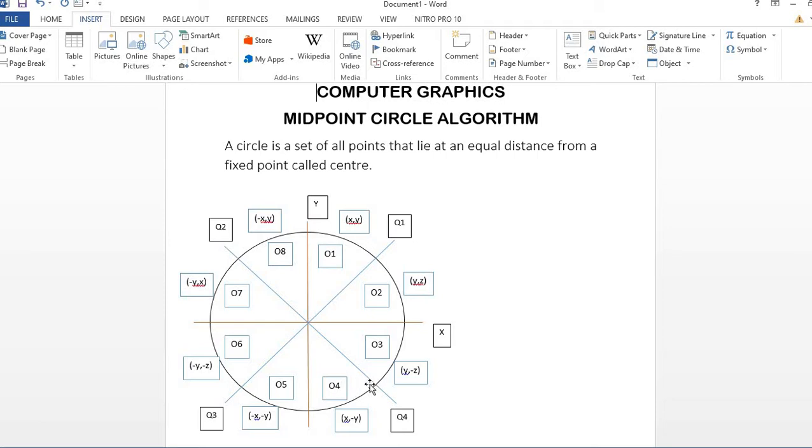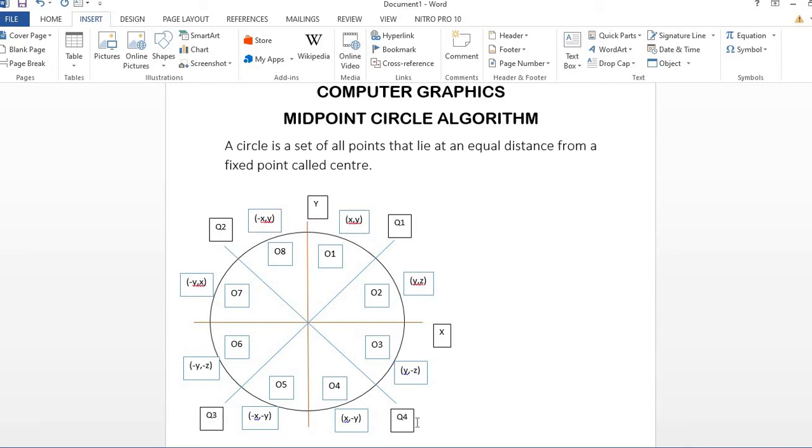If we reflect through both axes, then we can draw a complete circle. We name the regions coordinate 1, coordinate 2, coordinate 3, coordinate 4. So this is four-way symmetry.